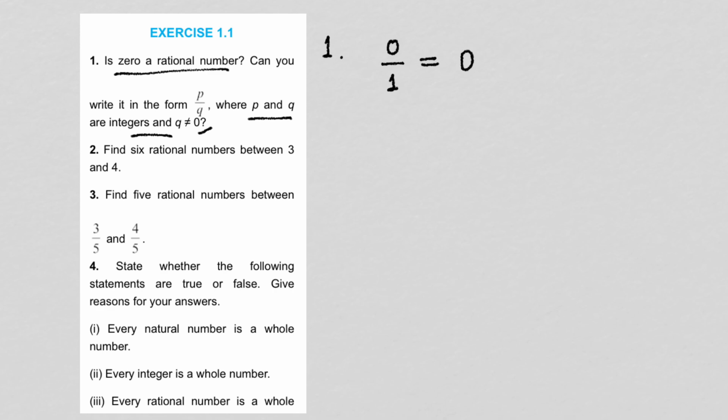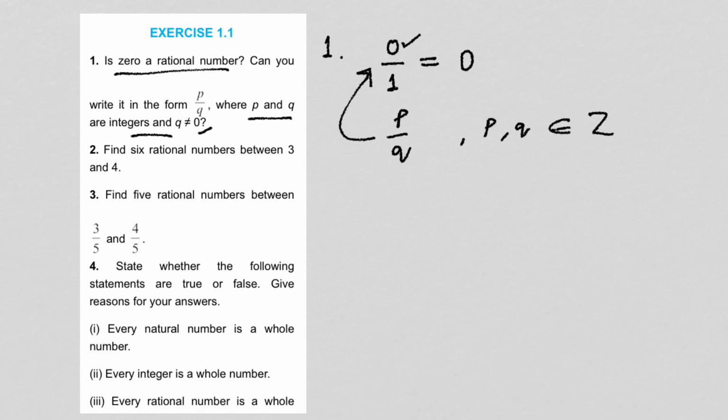So we'll get 0. Which means 0 can be written in the form P by Q as given in the previous step, where P and Q can be replaced by integers.